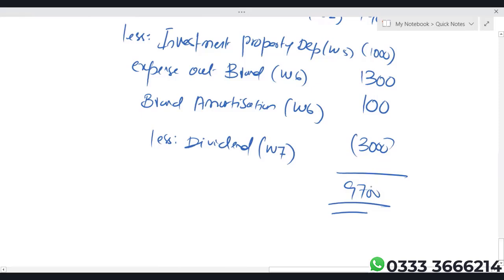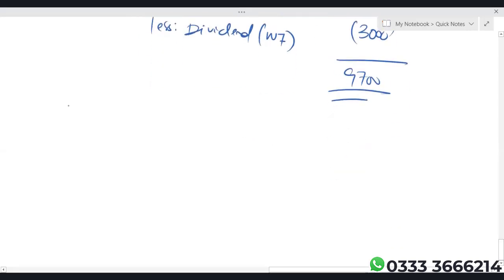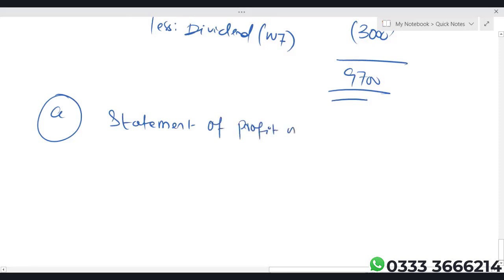Now let's try to prepare the statement of profit or loss, part A, 12 marks. I would say quite a lot of adjustments. Statement of profit or loss for the year ended December X5.